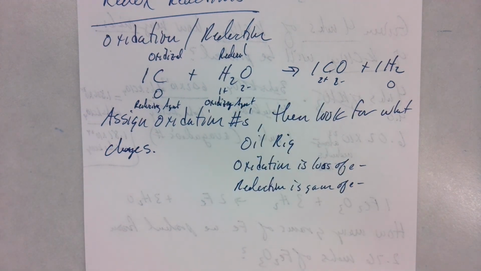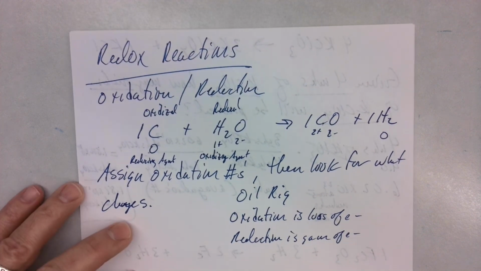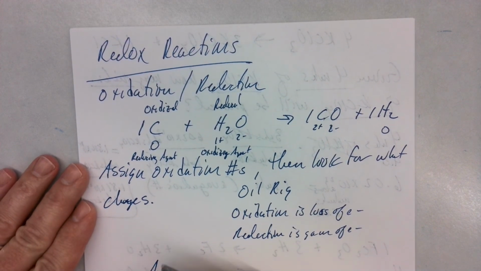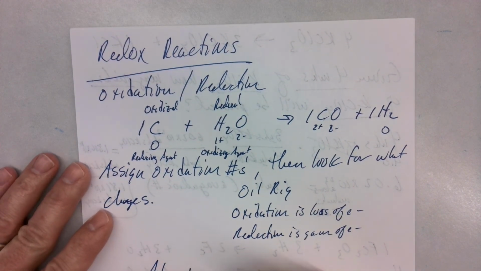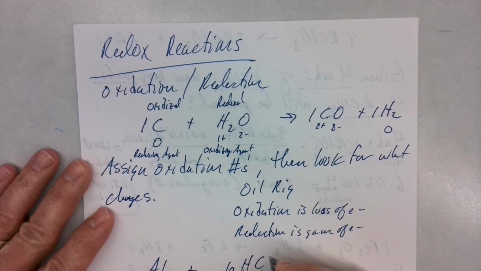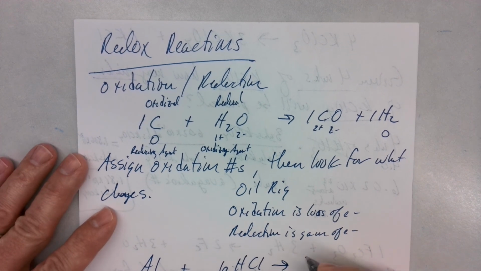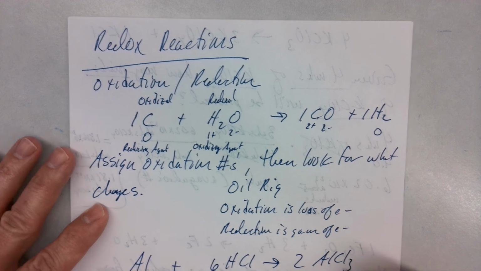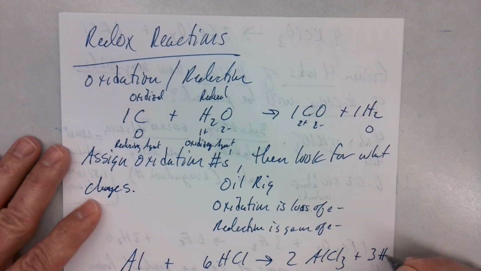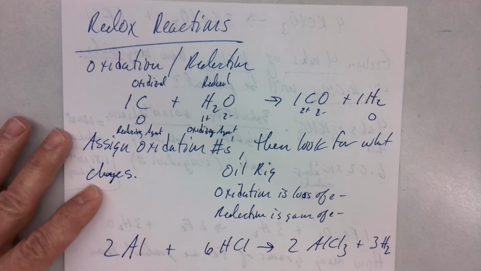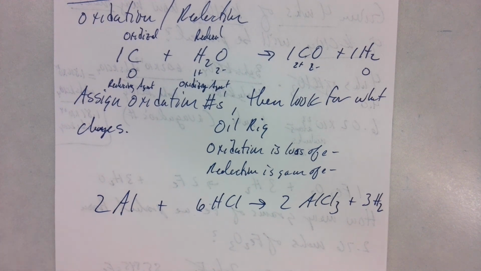Okay? Now, let's do one of these. Okay, let's say I've got this. So I'm going to go Al plus 6 HCl yields 2 AlCl3 plus 3 H2. Sorry, that's a 2. I missed a 2 right there. Okay, so this is it.